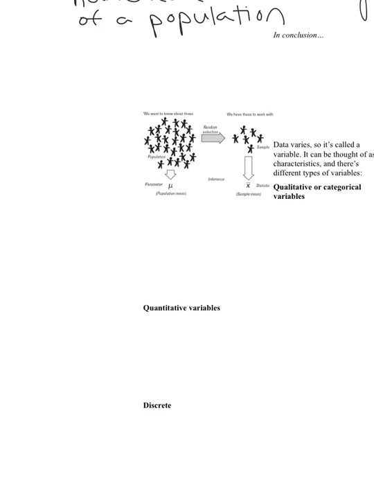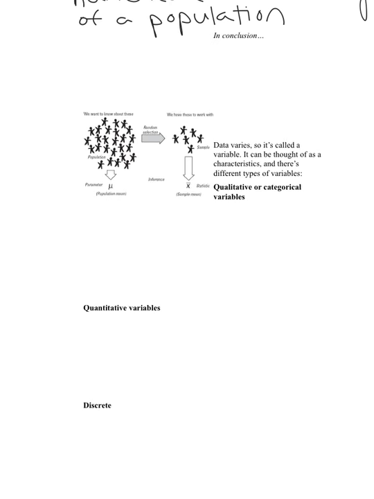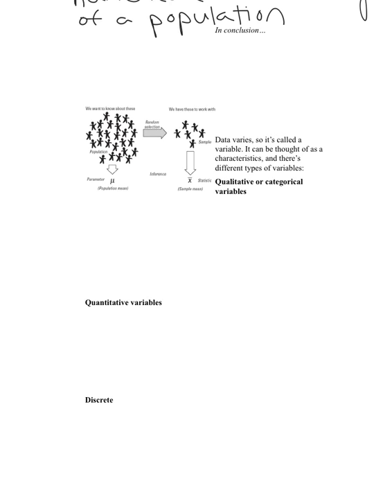So we're going to start talking about descriptive statistics. On your handout, this is your next page. It says that data varies, so it's called a variable. It can be thought of as a characteristic, and there are different types of variables.